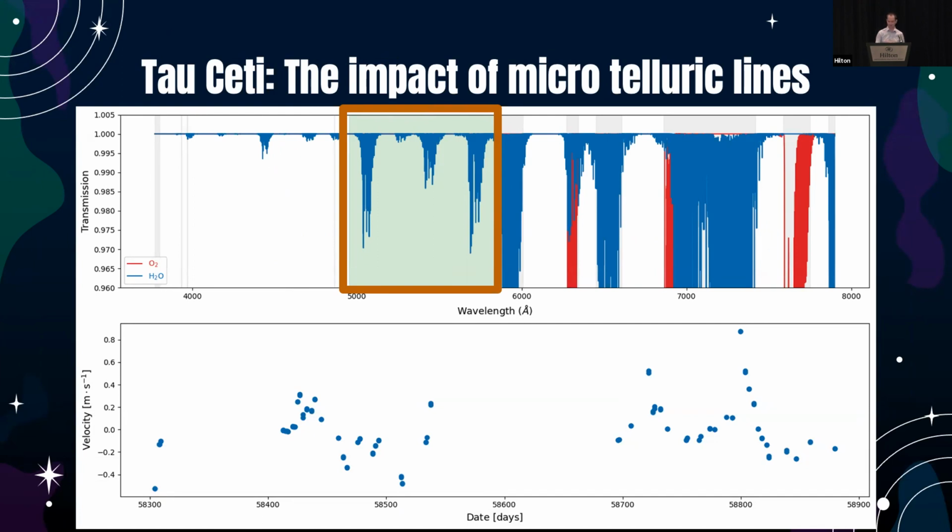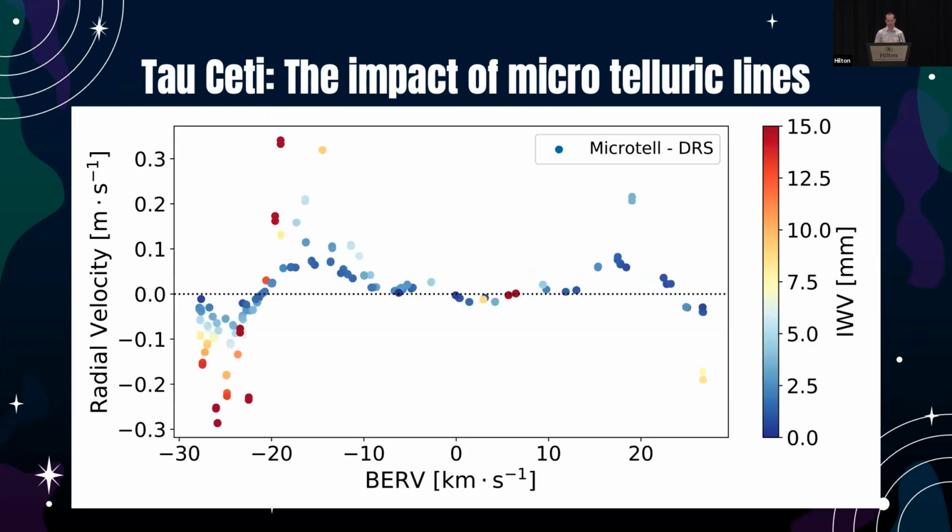When you do the difference of the radial velocity with telluric correction and with no telluric correction on this specific wavelength range, you see again the same residuals with an amplitude of up to 1.4 meters per second, clearly showing that the radial velocities of Tau Ceti are impacted by microtelluric contamination. Here is another way to show this impact, where you have the radial velocity uncertainty induced by the microtellurics as a function of the EPRV, color coded as the water vapor content.